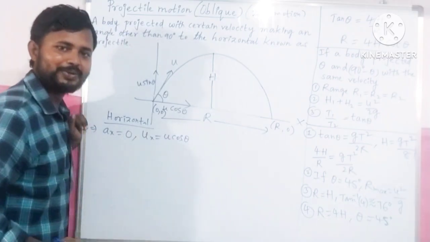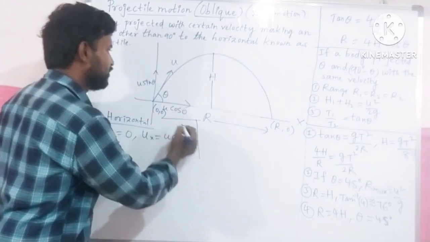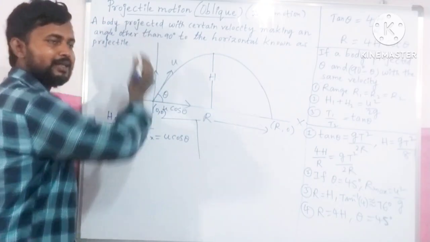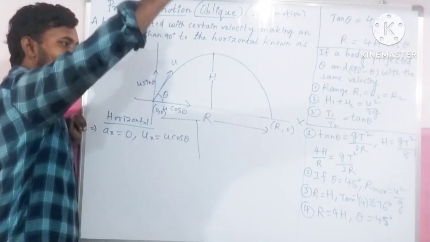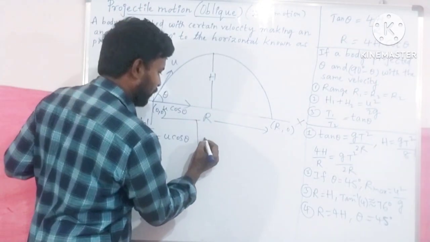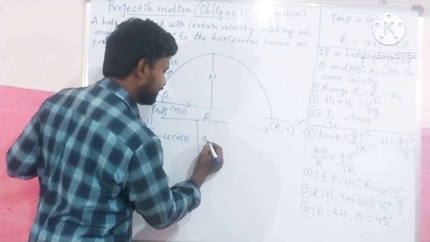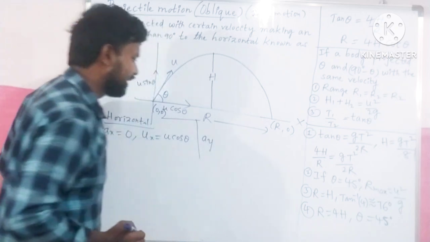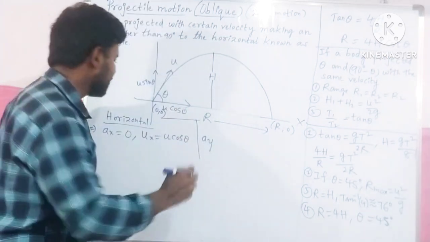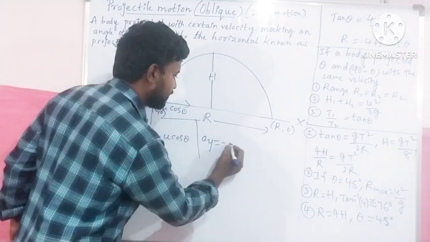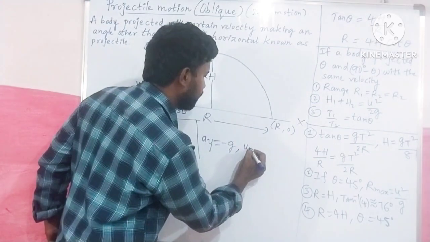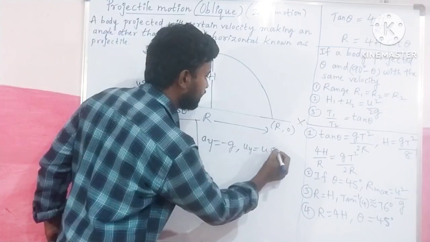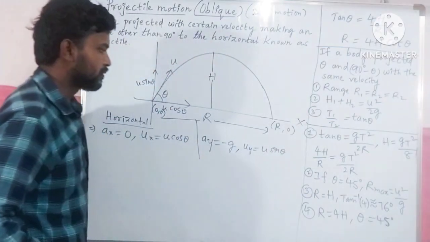When a body moves vertically upwards to some height, it has a vertical displacement and an acceleration, which is minus g. The velocity is uy equal to u sin theta.